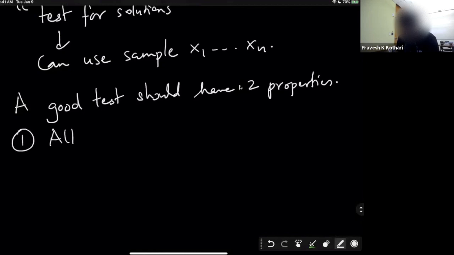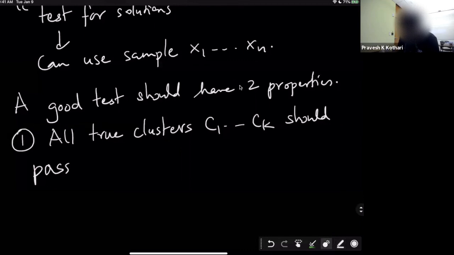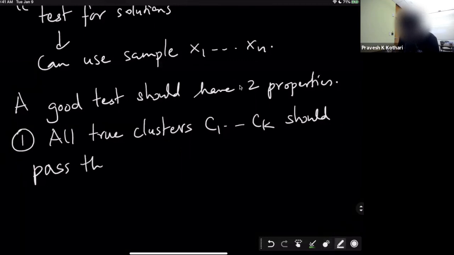So if the oracle hands over to you the actual true clusters C1 through CK, then your test should be such that you don't reject them. You should definitely design a test which has this property, and this property has a name. We'll call it completeness of the test.